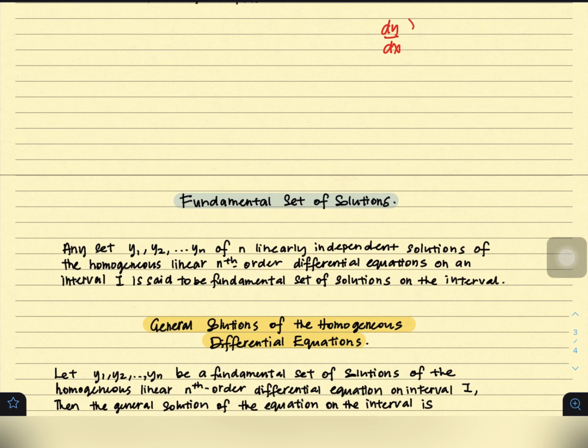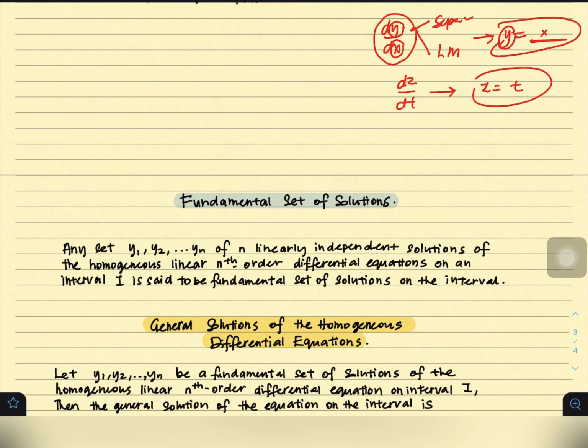Okay, bila kita cari solution, sama ada kita guna separable equation atau kita guna linear method yang kita belajar sebelum ni, at the end what we will get in return is the function of y in term of the independent variable. Kalau dia punya dependent variable y, independent variable dia x, so kita akan dapatlah equation of y in term of x. Kalau kita ada dz over dt, so kalau kita solve, kita akan dapatlah z in term of t. So this one is called as a solution.